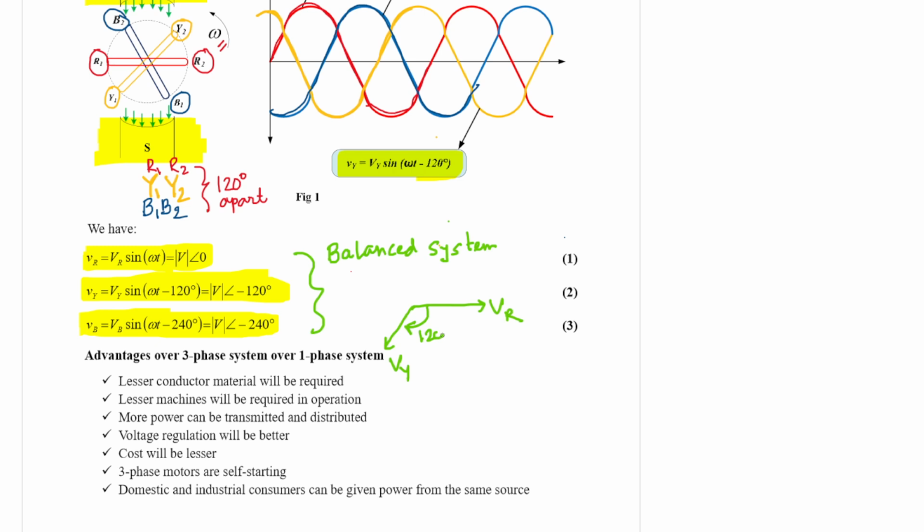Lagging means it stays behind R, so it is a clockwise rotation, that is, in the negative rotation. And for the third phase VB, it is again lagging by 120 degree from Vy, so VB is directed along this direction, again another 120 degree. So this is the phasor representation of a balanced system.